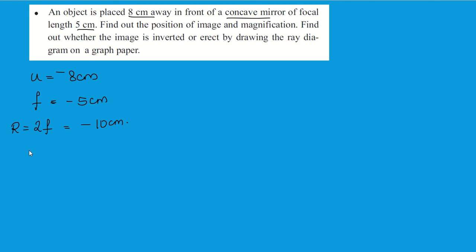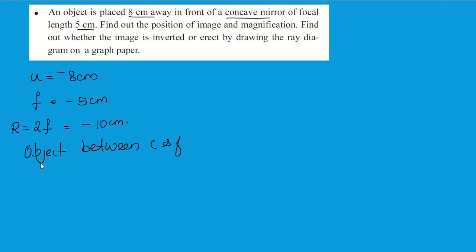So what is the position here? Object between C and F, right? So this is how we identify. Object distance is 8, image distance not given, focal length is minus 5. So let's calculate the image distance because we have to draw the ray diagram.